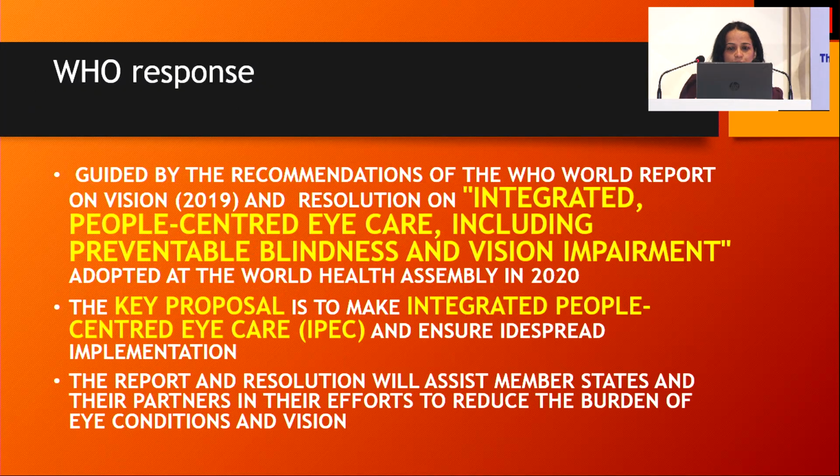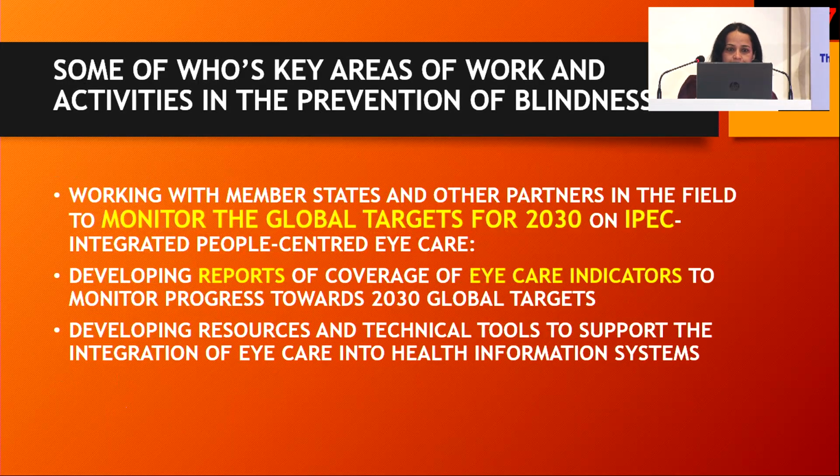So the WHO response for this is guided by the recommendations of the WHO World Report on Vision 2019, and the resolution on integrated people-centered eye care, which includes preventable blindness and visual impairment, was adopted at the World Health Assembly in 2020. Its key proposal is to make integrated people-centric eye care and to ensure its widespread implementation.